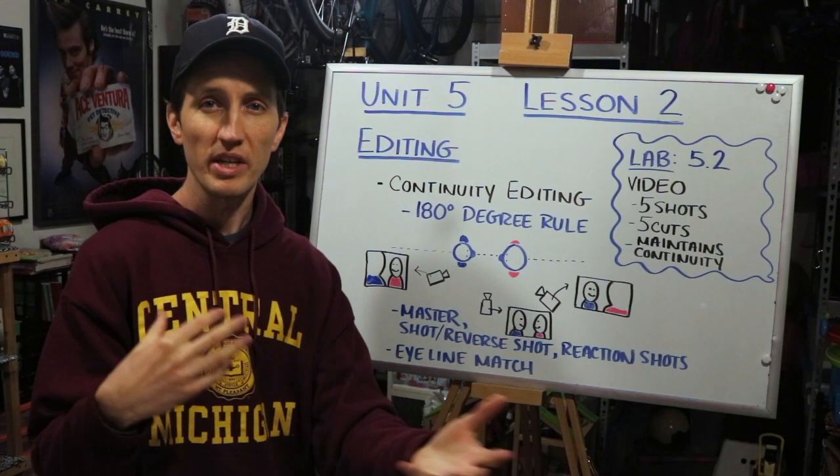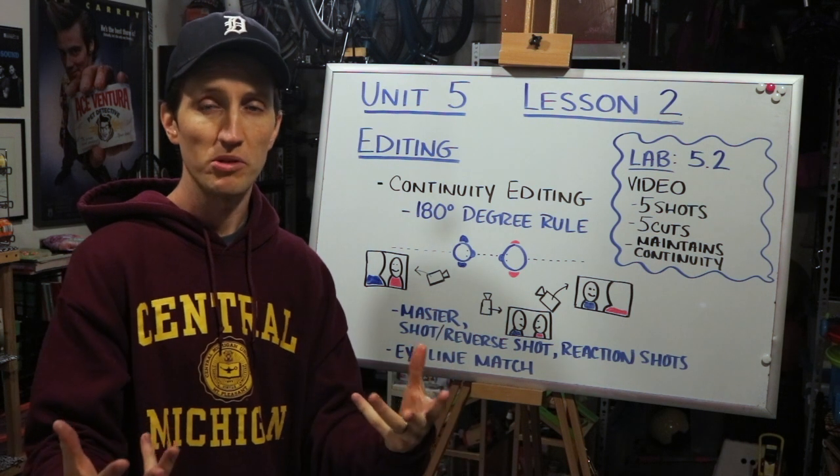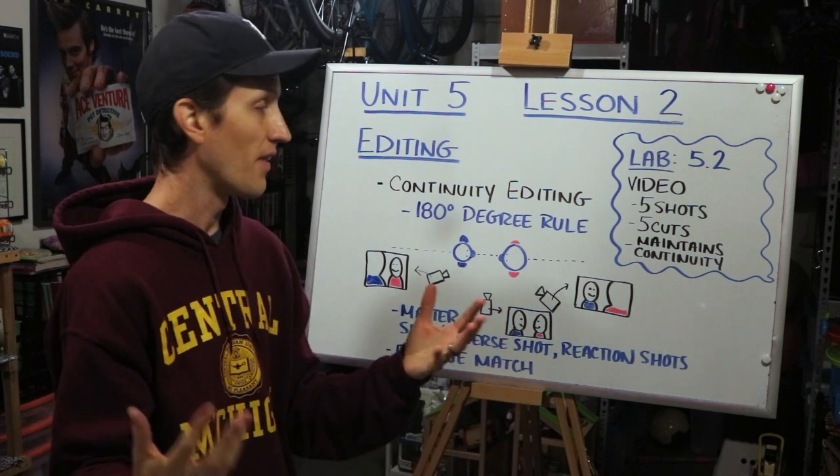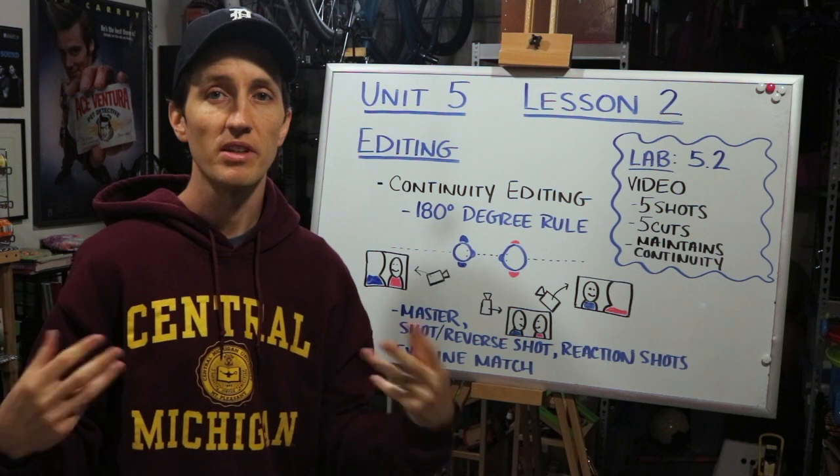Having that eye-line match is very important for helping the audience understand where these characters are in relationship to the other characters in the scene, and that, again, helps preserve the continuity.